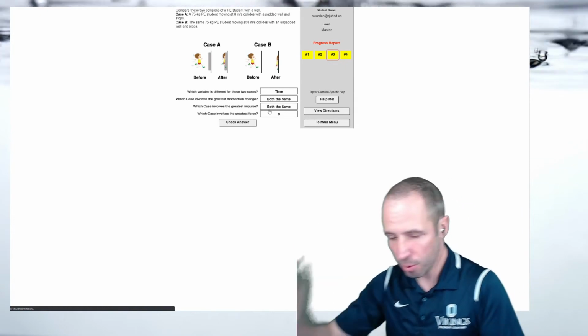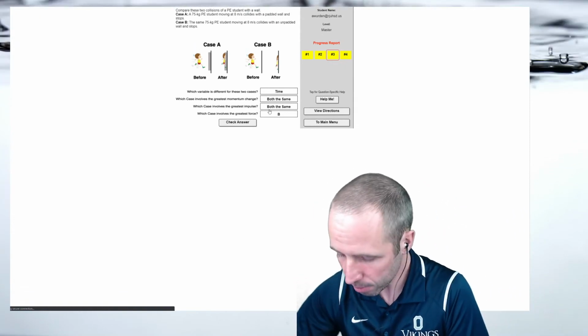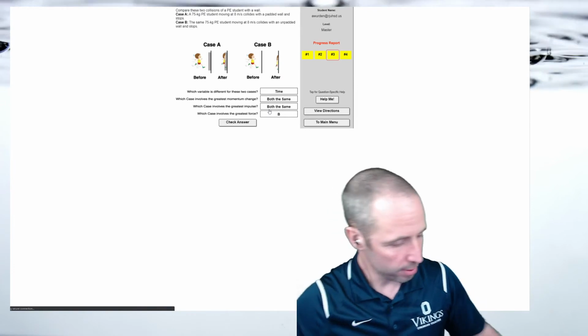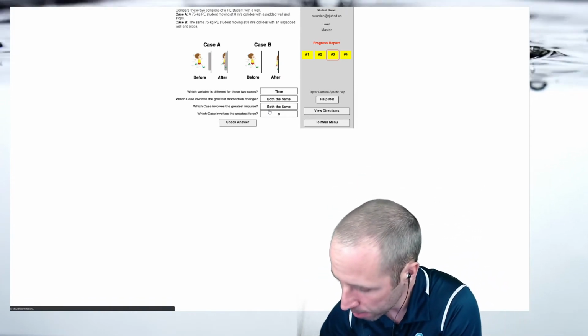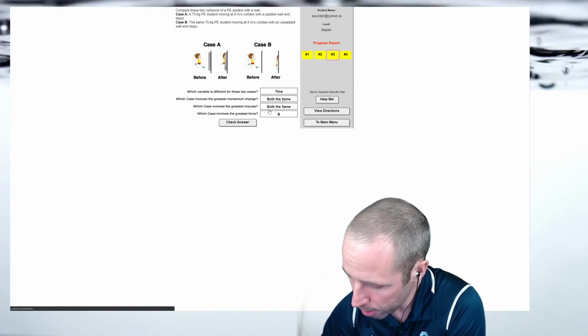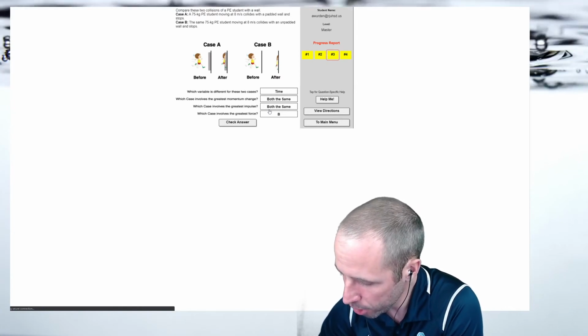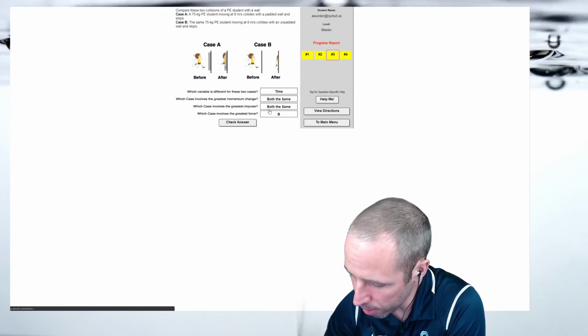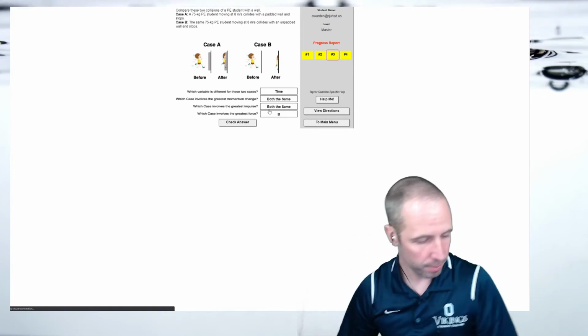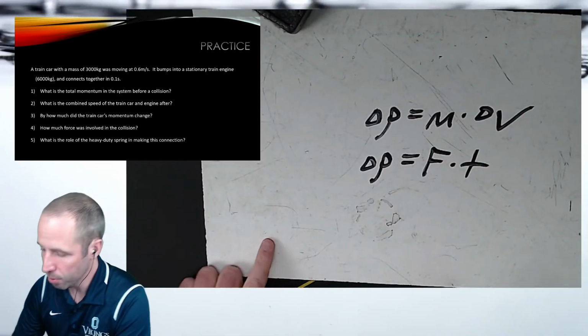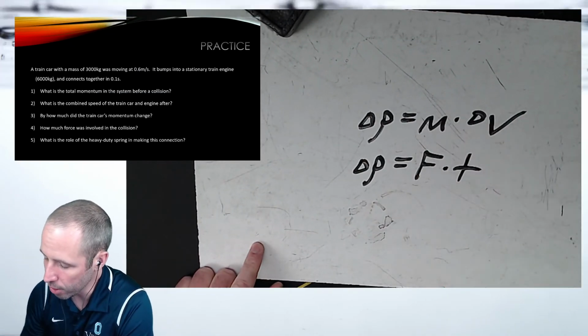So we're thinking through a couple different equations here. Let me just write those down for you to help you visualize. The change in momentum is mass times change in velocity, and also impulse is force times time. So I'm thinking through these 2 equations in order to answer this question.